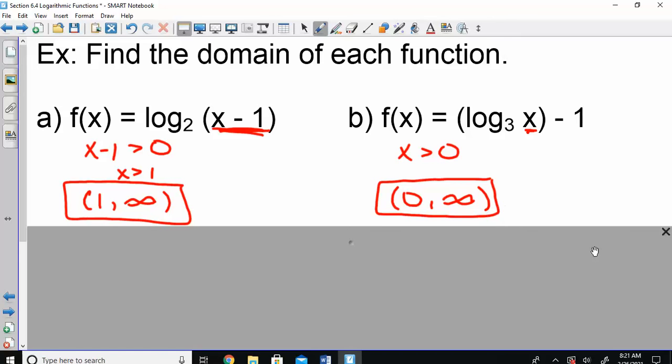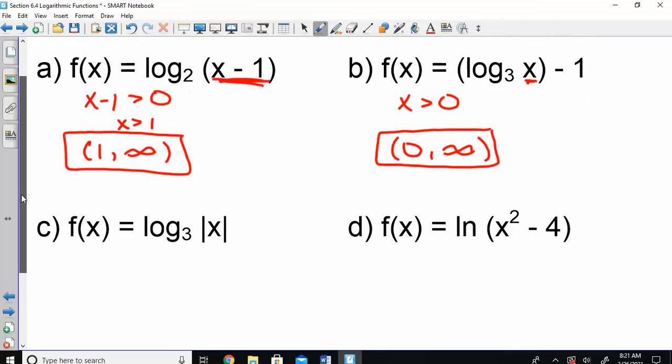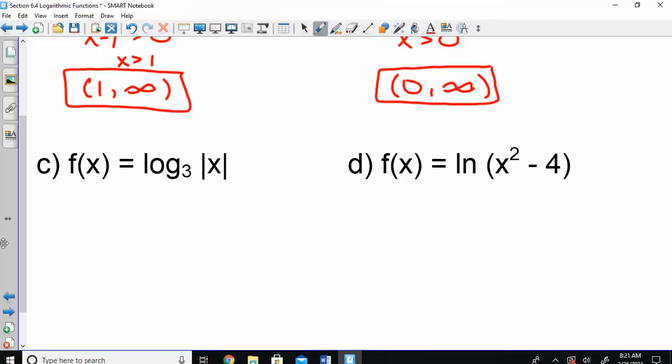Okay. Let's do a couple more. Log base 3 of the absolute value of x.